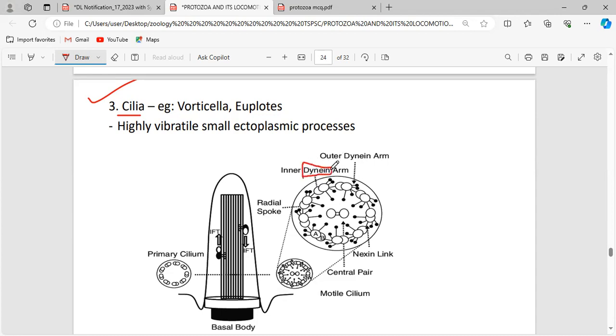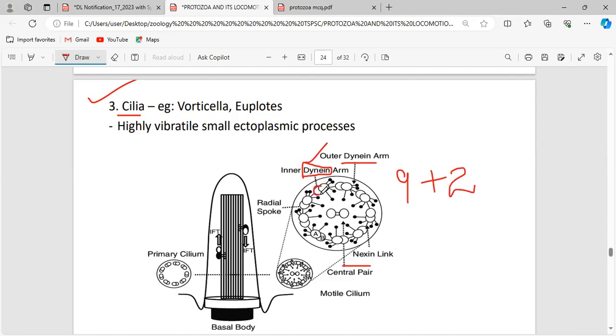This can be asked. Dynein is the motor protein, nexin is the linking protein. You can easily answer when they ask the question if you know the structure: nine peripheral microtubule doublets and the two central ones. The motor protein is dynein.